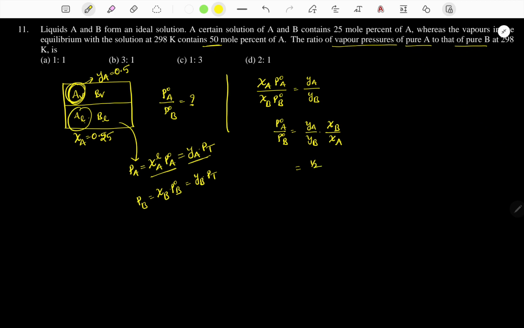This is 1 by 2 upon 1 by 2, and the mole fractions of B and A in liquid are 3 by 4 and 1 by 4. 1 by 2, 1 by 2 cancel, 4, 4 cancel, and the ratio is 3 by 1. Therefore, the answer is 3:1.